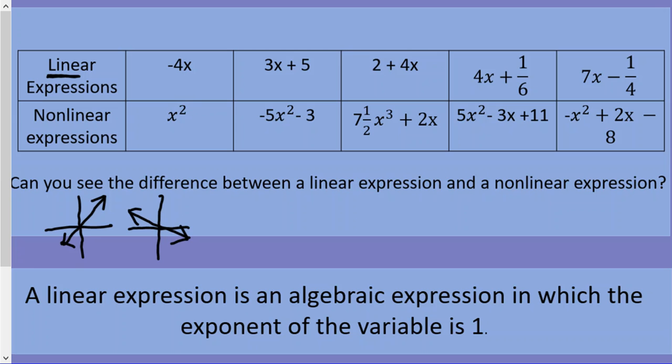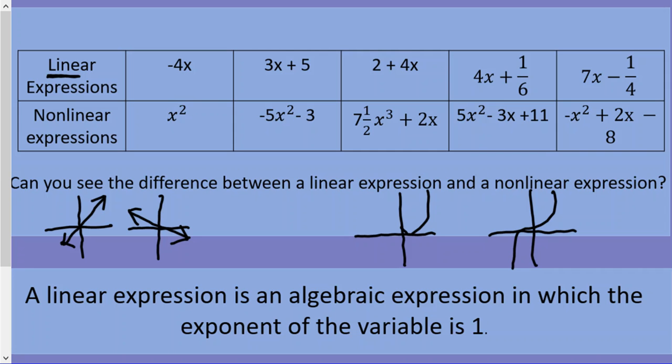So those are examples of linear expression graphs, and a nonlinear expression would give us a curved graph that may look something like that, or maybe like this. So a linear expression gives us a graph with a straight line, and the variable has an exponent of 1. And nonlinear expressions have an exponent with a power of 2 or 3 or anything above 1.